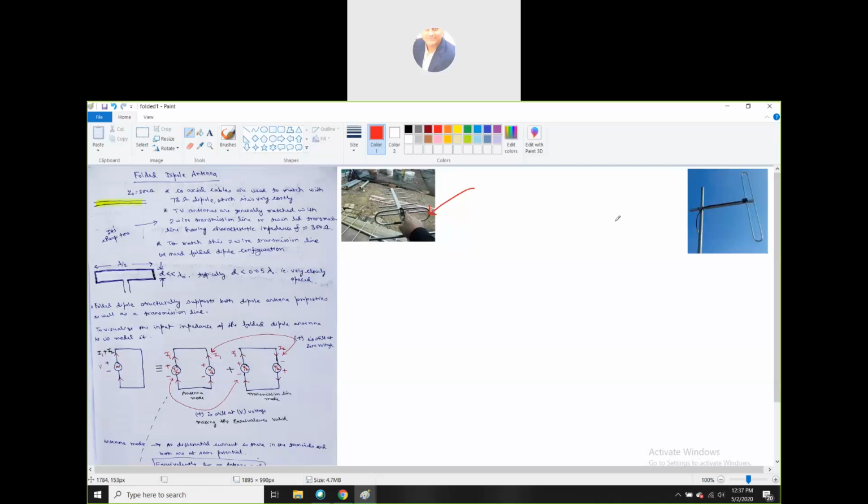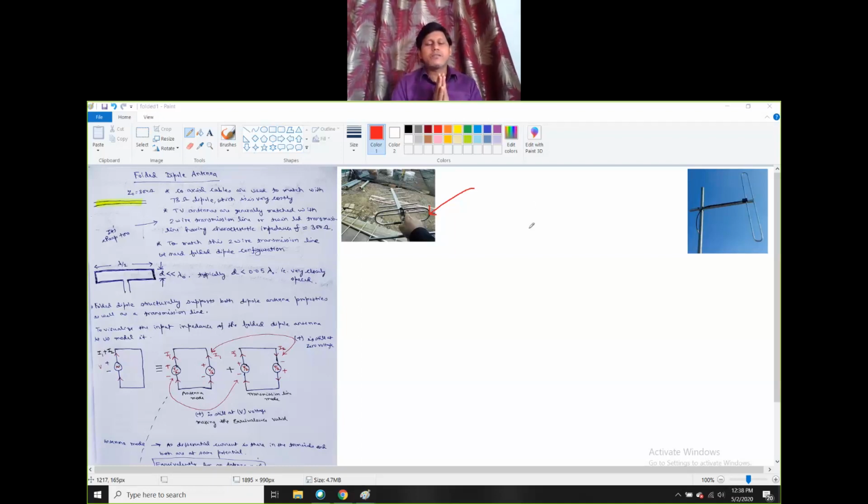Now, traditionally, think of our old transmitter-receiver antenna, or rather our TV antenna, from your childhood.